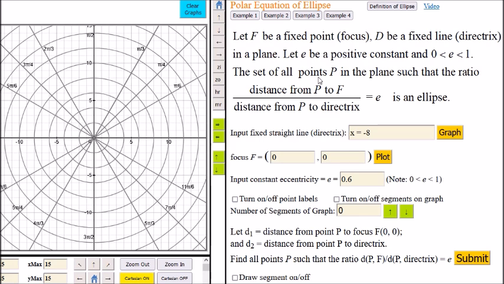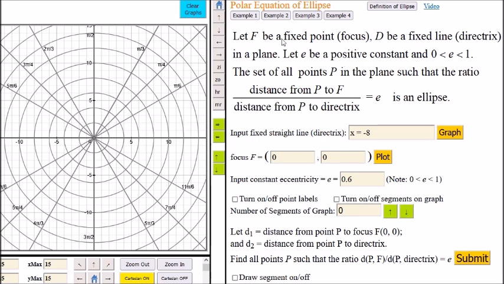And then the set of all points P in the plane such that the ratio of the distance from P to F and the distance from P to the directrix is equal to e, then this set of points will form an ellipse.